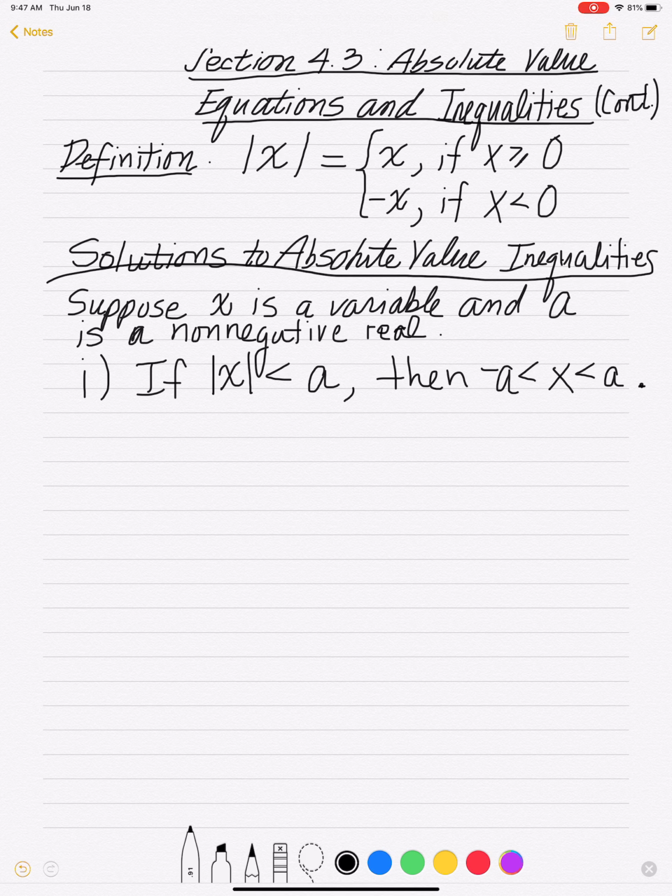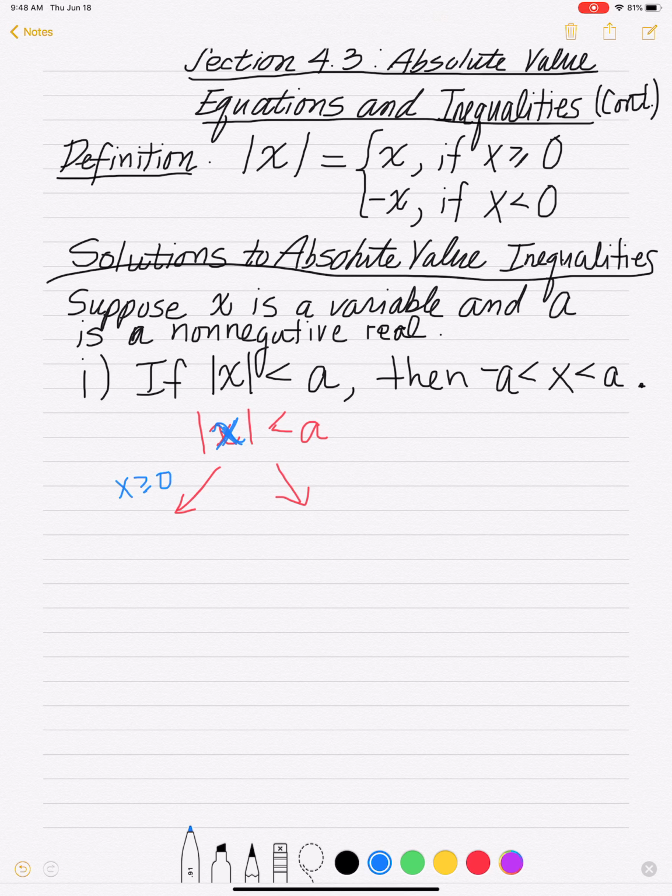Now let me show you how that works exactly. So I've got the absolute value of x less than a. I'm going to make two branches. x is the variable, the unknown, right? If you go back to the definition, if x is greater than or equal to 0, then the absolute value of x is just x.